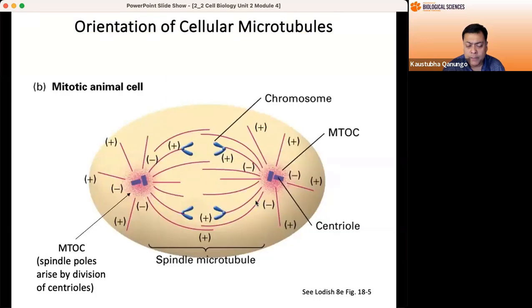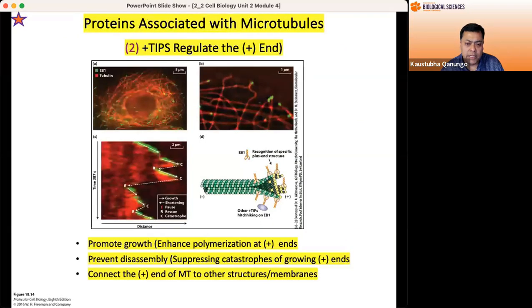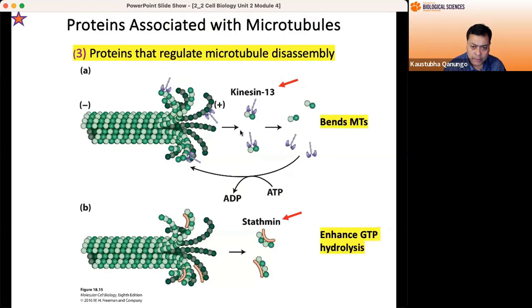When this movement of the microtubules, chromosomal movement actually happens, this is super rapid. This happens within 45 minutes from the metaphase to the anaphase. And the depolymerization happens at the plus end as well as the minus end. And the stathmin and kinesin 13, although it's shown here at the plus end, here it's not shown, but they do this in both ends.